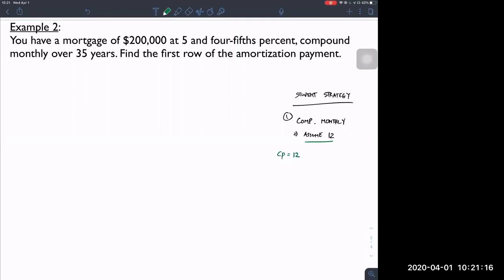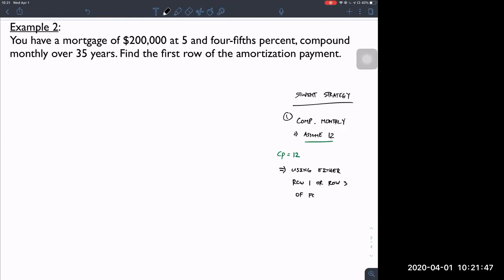Taking it a step further, when you realize the compounding period is 12, then you know that this implies that you're using either, again, this is assuming people don't know that you're using only the third row, you're using either row 1 or row 3 of the formula sheet.